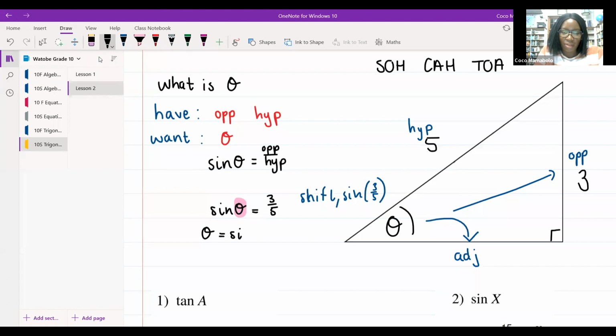Equals 36.87. Excellent. 36.87 what? Degrees. Beautiful. Don't forget the degrees. So this means that this angle over here is actually 36.87 degrees.